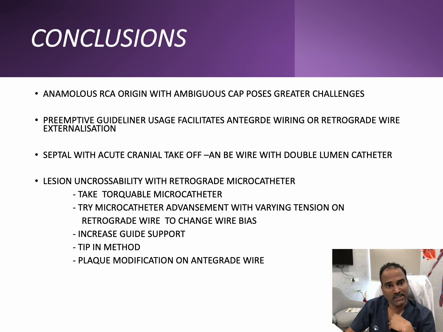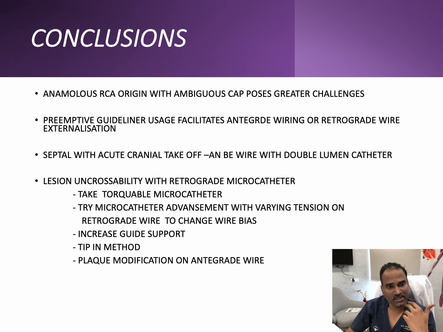Lesion uncrossability with a retrograde microcatheter can be solved with the following techniques. Take a trackable microcatheter if you have not used it upfront. Try microcatheter advancement with varying tension on the retrograde wire while it is trapped in your antegrade guide to change the wire bias for microcatheter advancement.